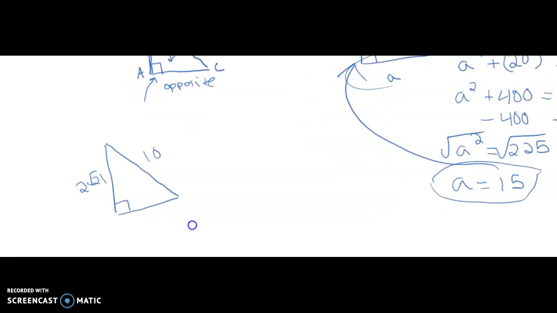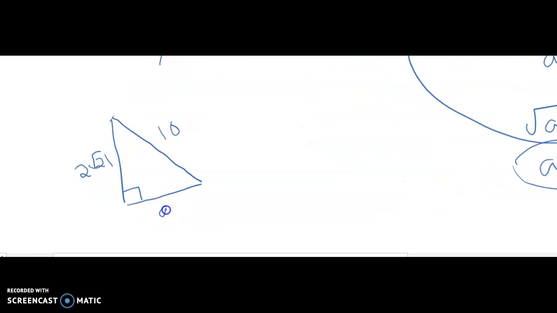Okay, we'll come back. So here we want to solve for a. So we're going to have a squared plus 2 times the square root of 21, squared, is equal to 10 squared. Okay, this becomes a squared plus, be very careful with this one.